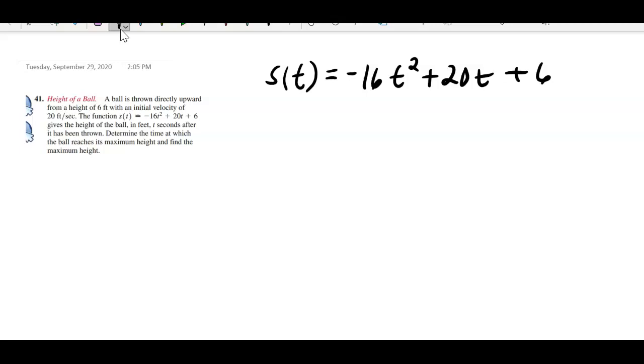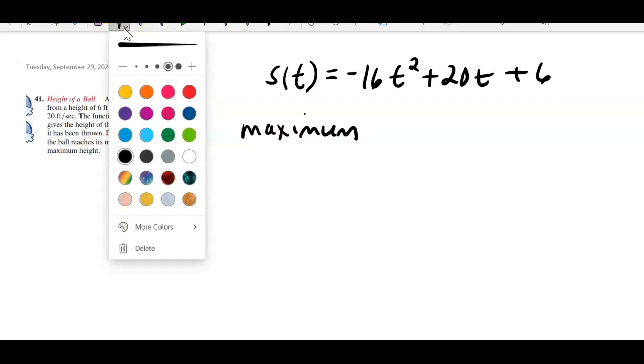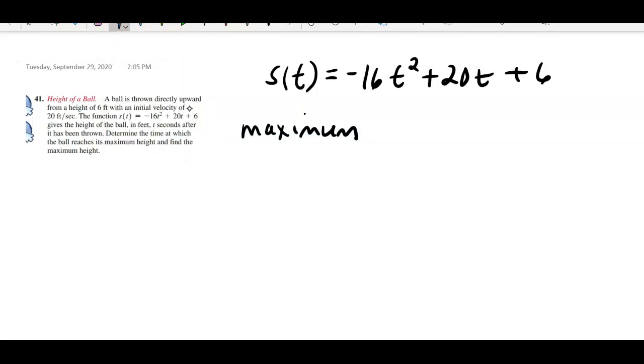All right, so if we want to find the maximum, we're going to find our vertex. And again, just like we did when I was using the calculator, I'm going to replace all of these t's with x's. Okay, just writing it here so you'll know what I'm doing. All right, so we have x equals negative b divided by 2a.